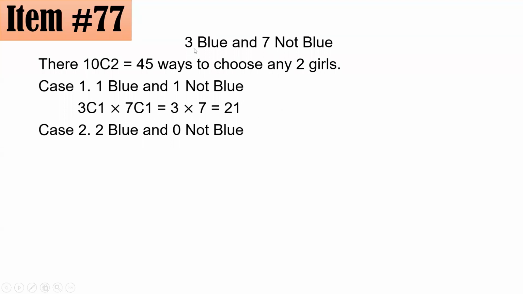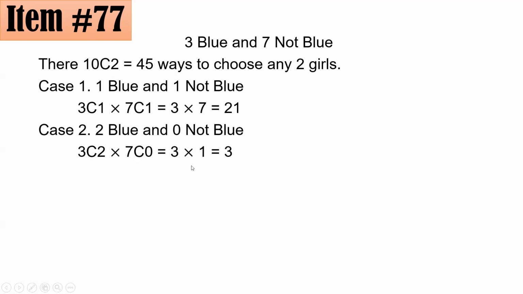So which means na out of 3 blue-eyed, dalawa yung kukunin mo. That's 3 combination 2. At sa 7 na not blue yung eyes, pipili po tayo ng wala. That's why 7C0. Using your calculators po, 3C2 is 3, and 7C0 is 1.